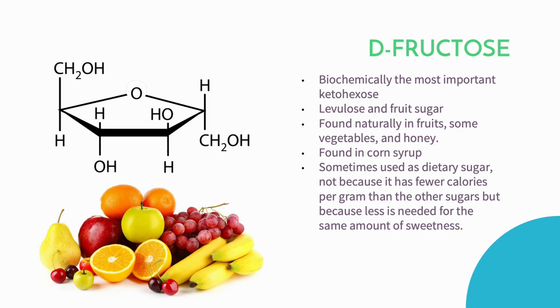It can also be found in corn syrup, and sometimes it can be used as a dietary sugar because less is needed for the same amount of sweetness. So if, for example, you buy beverages or other processed foods and you look at their ingredients and you find HFCS, it pertains to high fructose corn syrup, which is used to sweeten these products.